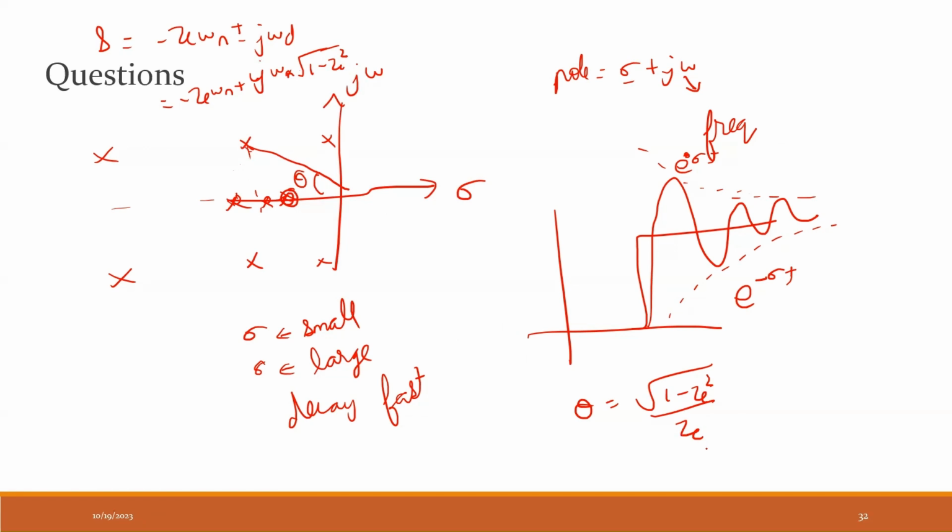Phase margin is also related to zeta in some cases, and zeta is related to this angle theta. So there's some relation, but based on that you cannot just say that if you move it further right, the phase margin will improve. You'll have to check that mathematically.